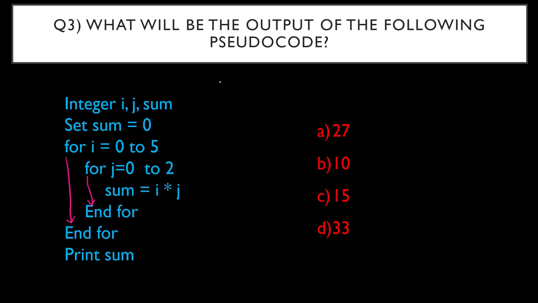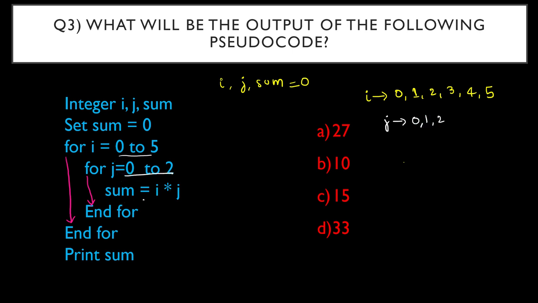Now let us try to see. Initially what we have is I, j and sum. Initially the value of sum is set to 0, because here it says set sum to 0. So I ranges over the values 0, 1, 2, 3, 4, 5, and j ranges over 0, 1 and 2, that is 0 to 2, while this is 0 to 5.